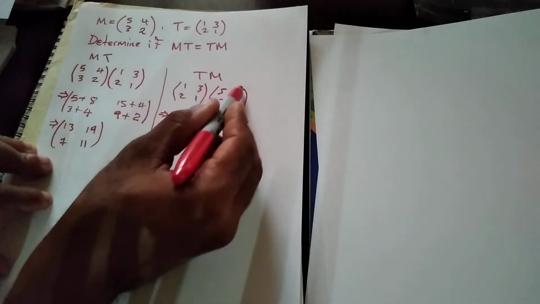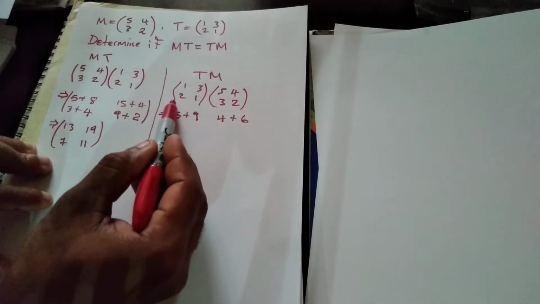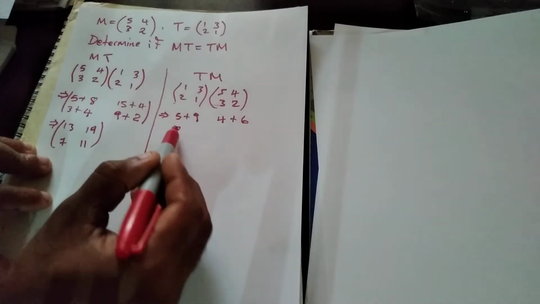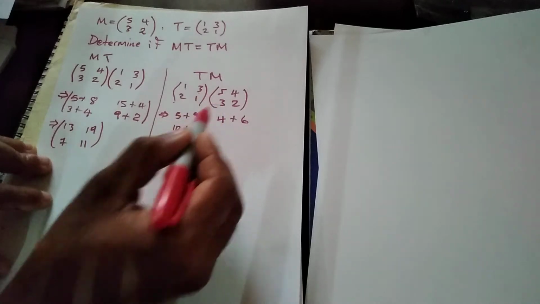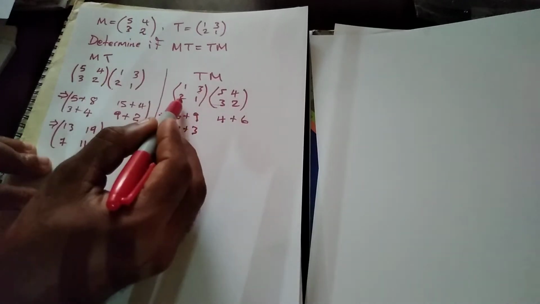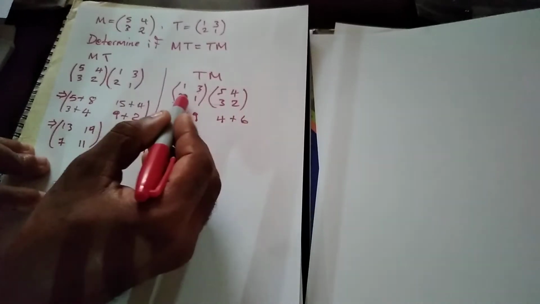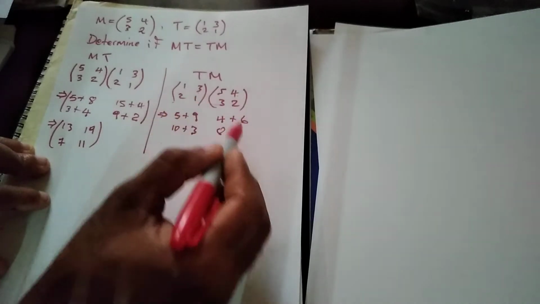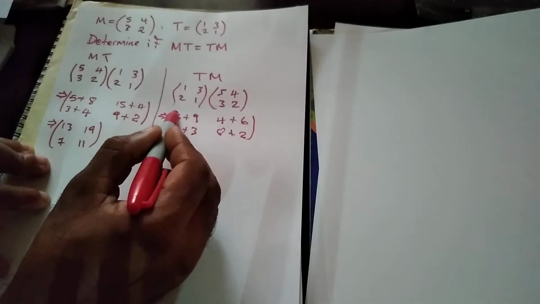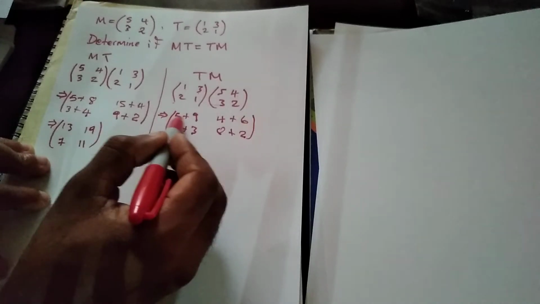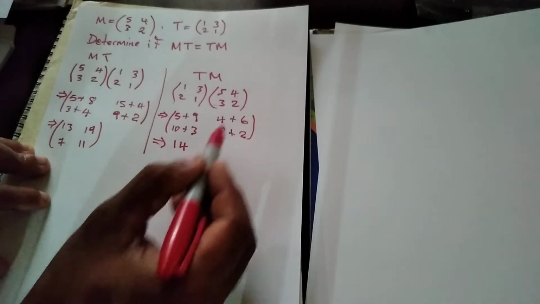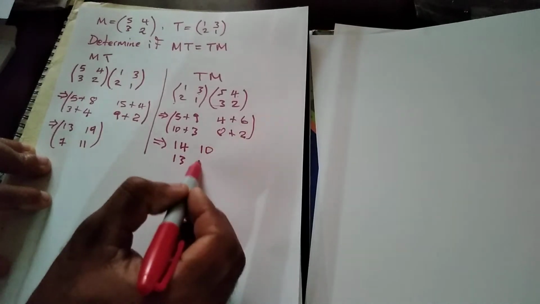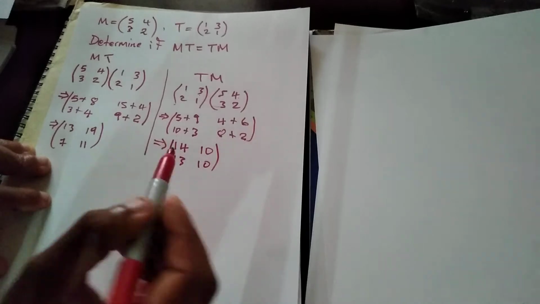Now second row, first column: 2 times 5, which is 10, plus 1 times 3, which is 3. Then the second row, second column: 2 times 4, which is 8, plus 1 times 2, which is 2. Then we just add. This is 14, this is 10, this is 13, and this is 10. So that's what TM is equal to.